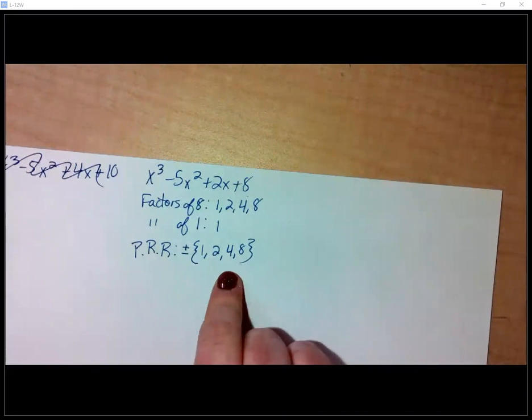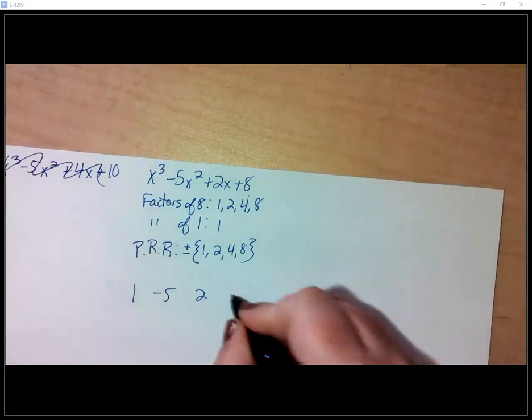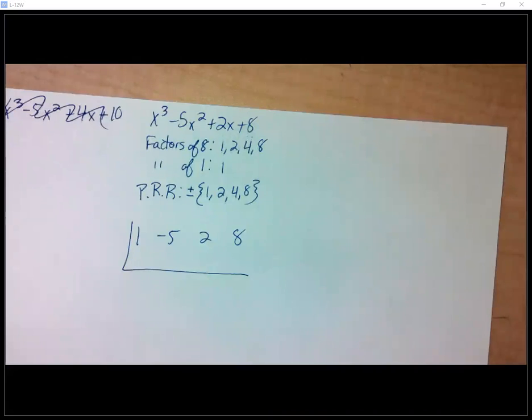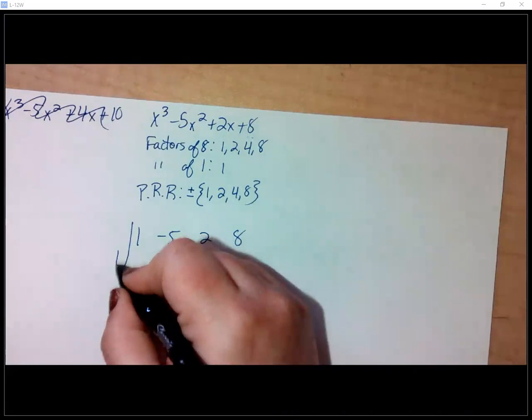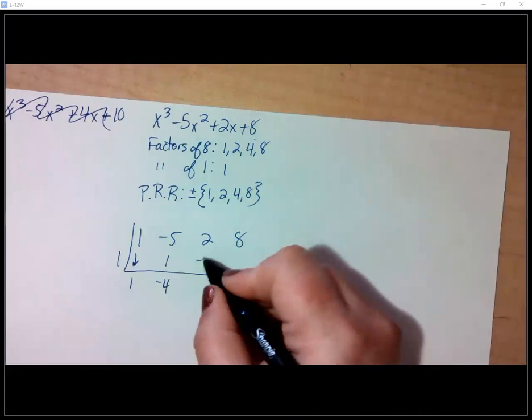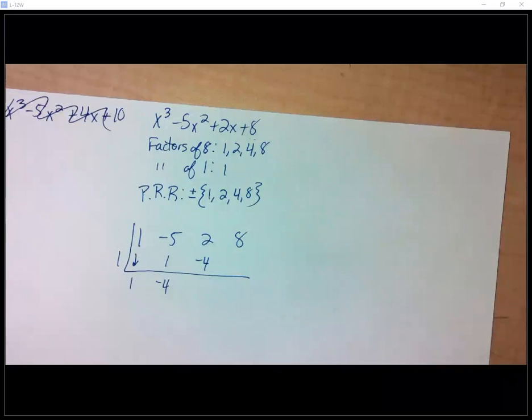So now what do I do? I'm going to drop down those coefficients: 1, -5, 2, 8. And I just have to work my way through. I'll start with a positive 1 and see if it works. 1, -4, -4. I already know that it doesn't work, so I'm going to stop.